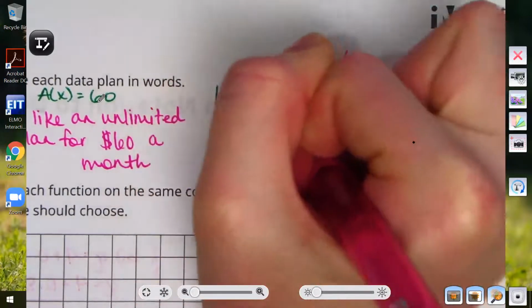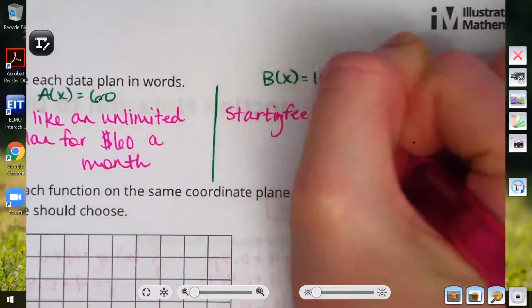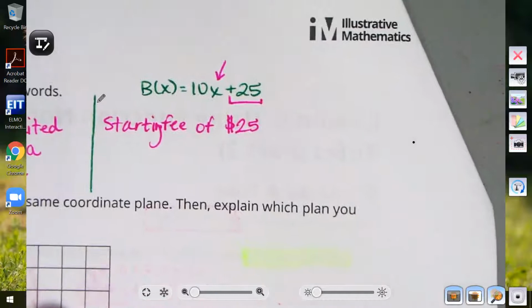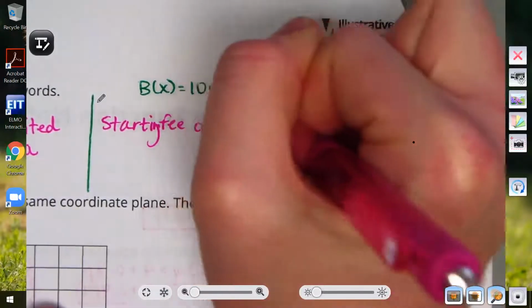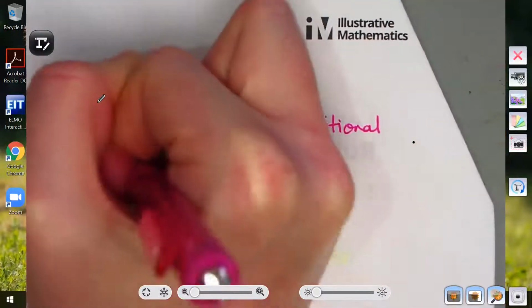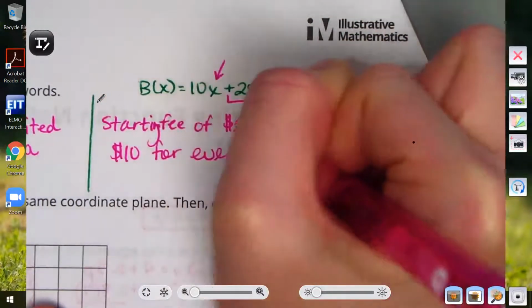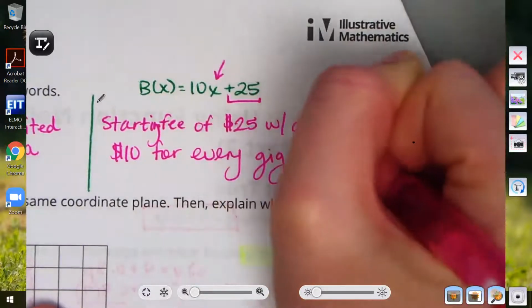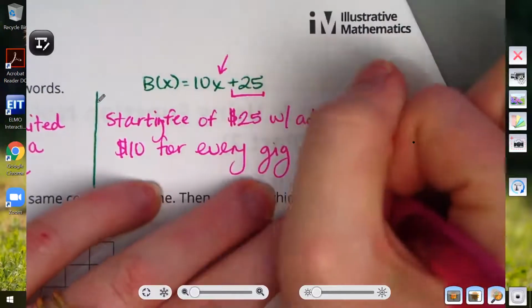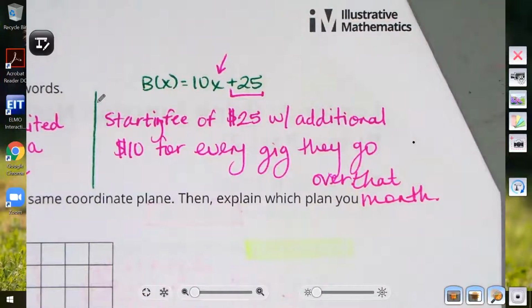Starting fee of $25 with additional $10 for every gig they go over that month. Sorry, I tried to write it as short as possible.